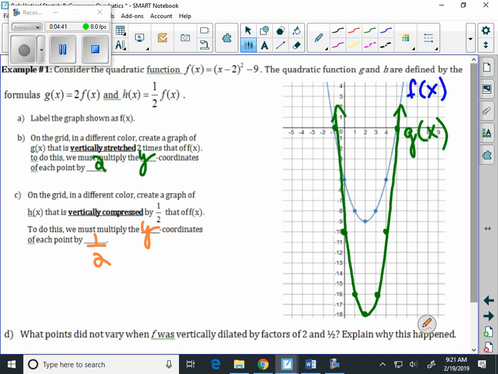Again, we're only multiplying the y values. Our first point is negative 1, 0, and 0 times 1/2 is 0. Our second point, the y-intercept, is 0, negative 5. Negative 5 times 1/2 is negative 2.5.